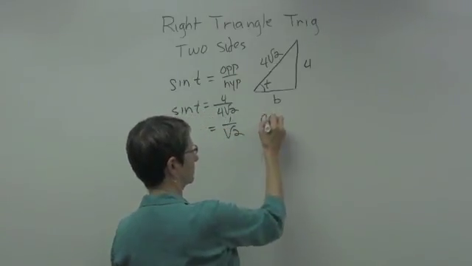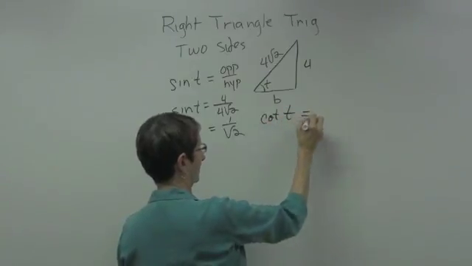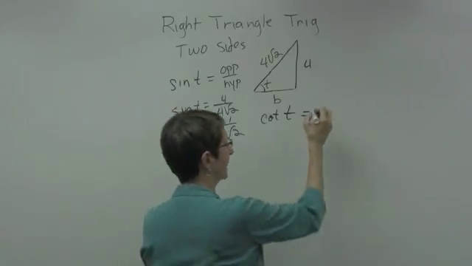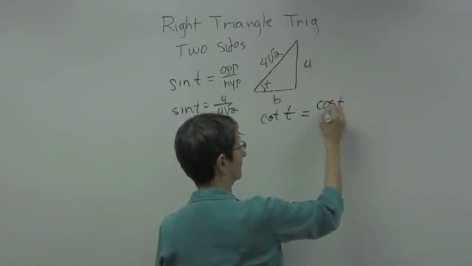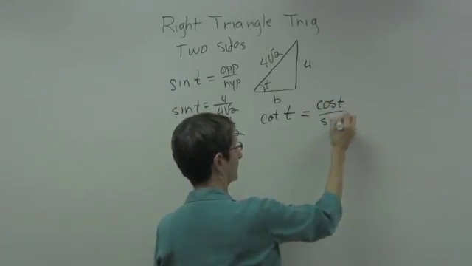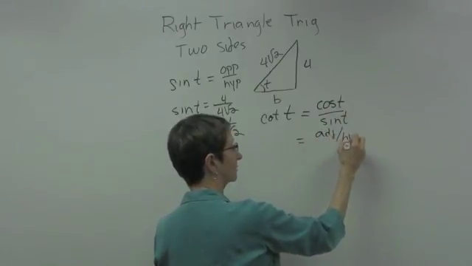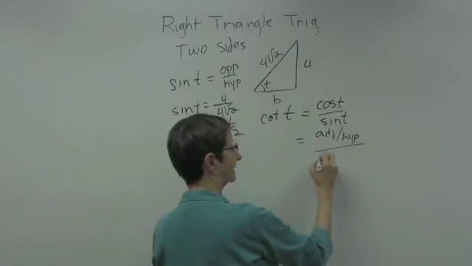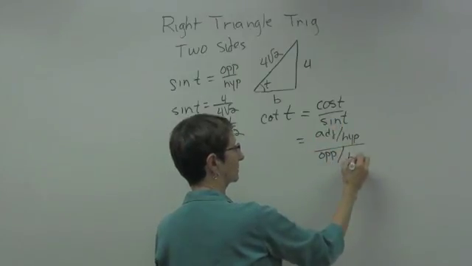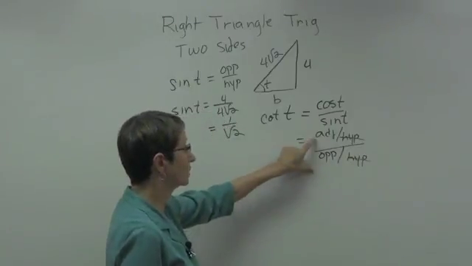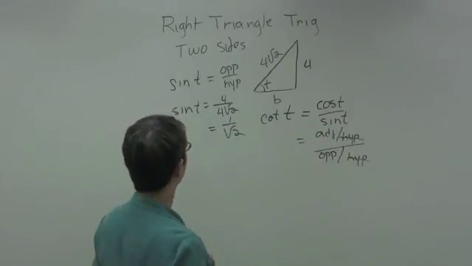Cotangent of t. Let's go back to basics. Cotangent is cosine of t over sine of t. Cosine is adjacent over hypotenuse. Sine is opposite over hypotenuse. So this is going to be adjacent over opposite.